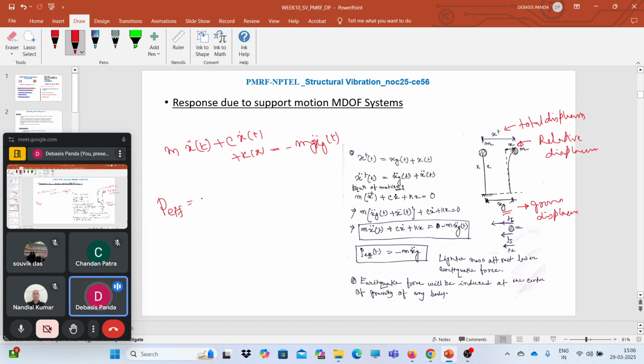So P effective ultimately comes as minus m into xg double dot. That xg double dot is nothing but the ground acceleration. So the final equation of motion comes like this for a single degree of freedom system, right?